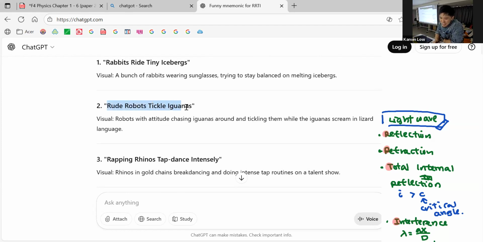Oh, root robot tickle iguana. Okay, root root robot tickles iguana.